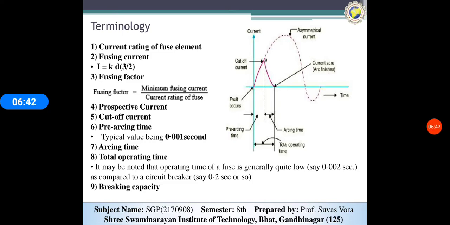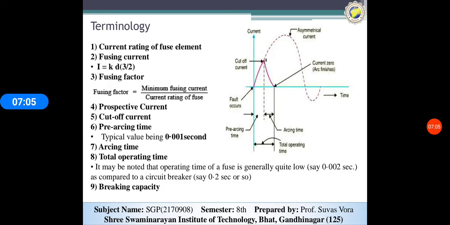How to identify this? We know the equation here: I = K D^(3/2), where K is a constant, D is the diameter, and K is called the fuse constant.